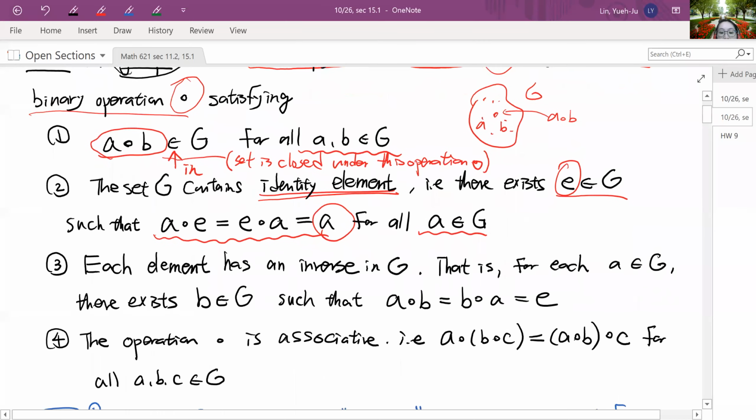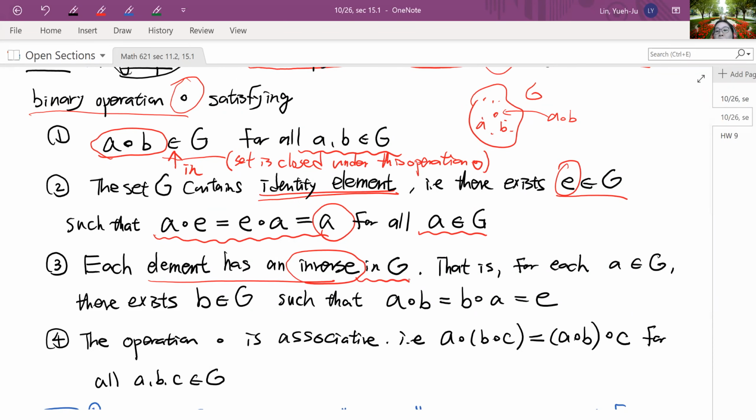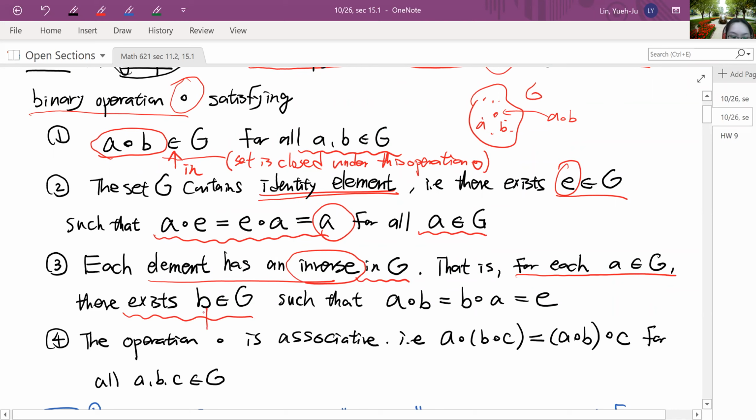And the third criterion is that after you identify the identity element, the next thing is to find an inverse for every element. Not only do you need to find the inverse, the more important thing is that for each element, you should have an inverse which can also be found within this set G. So for each element A in G, you can find another element B, which is what you call the inverse, such that A acting B is the same as B acting A, which is essentially the identity.